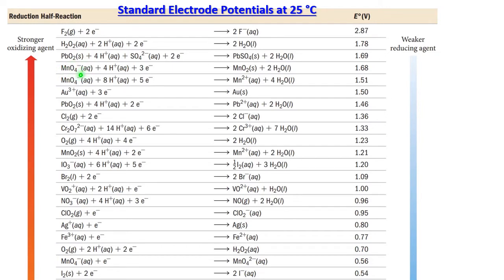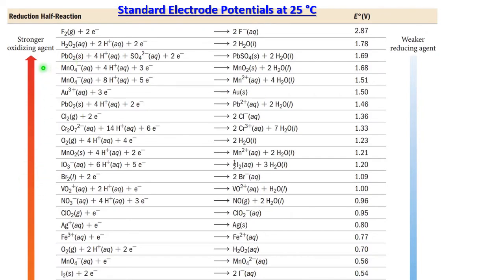For example, MnO4 minus plus 8 H plus and 5 electrons giving Mn2 plus and 4 water molecules, 1.51. PbO2 with H plus gives 1.69.